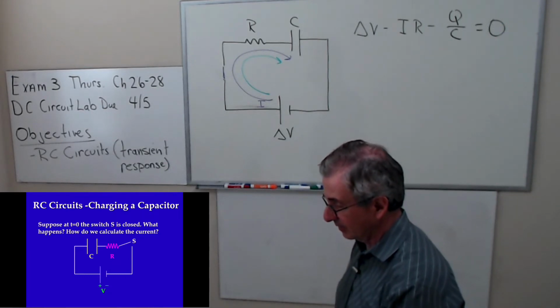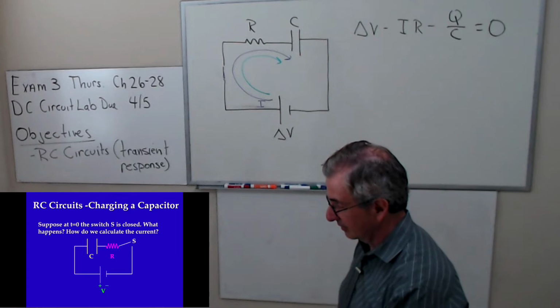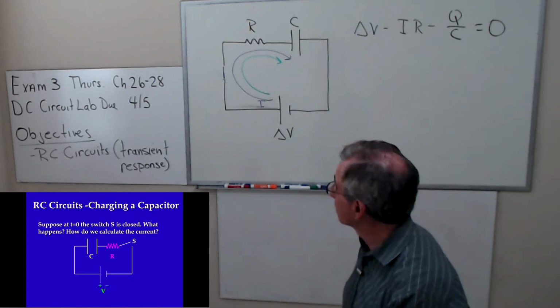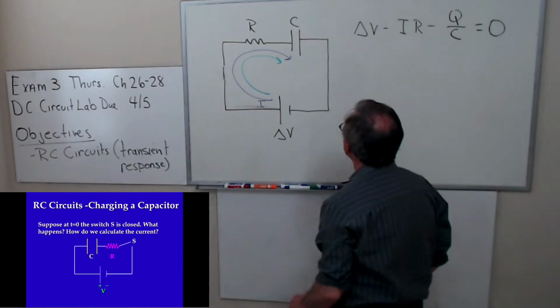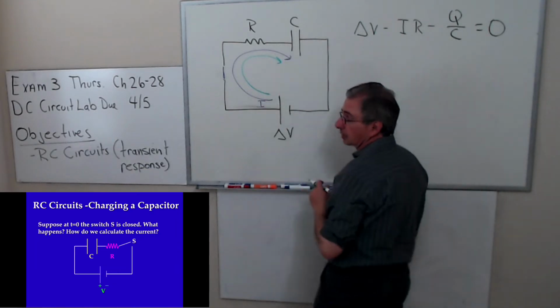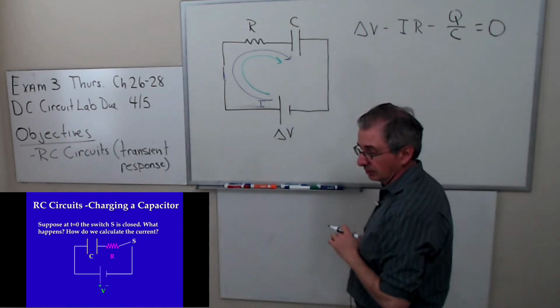Can you go over how it dropped across the capacitor? How it drops? Yes. Well, there's an electric field in between the plates, right? Yes.